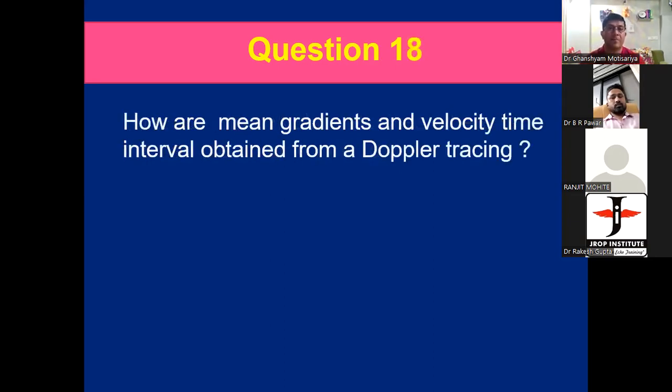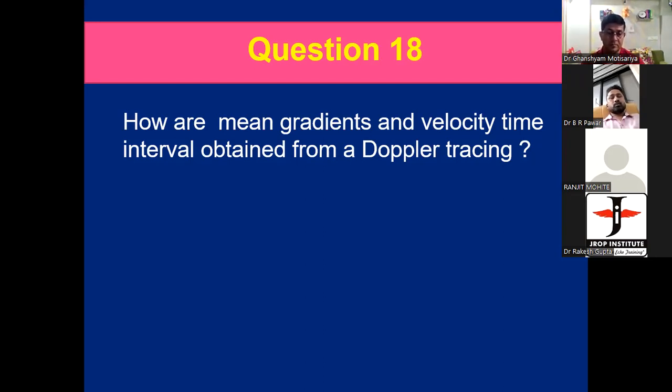How are the mean gradient and velocity time interval obtained from a Doppler tracing? You have got a Doppler tracing.